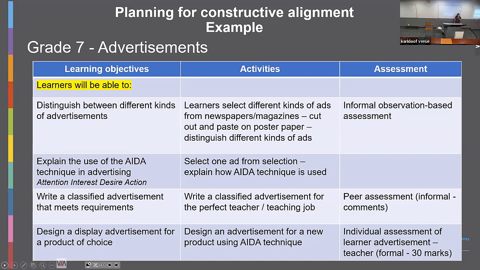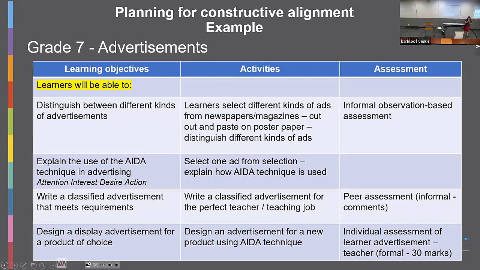And then last of all, you want your learners to design a display advertisement for a product of their choice. They will do that using the ADA technique, and you as teacher will individually assess each learner's work using a rubric. There are 30 marks to it, so it's a formal assessment.